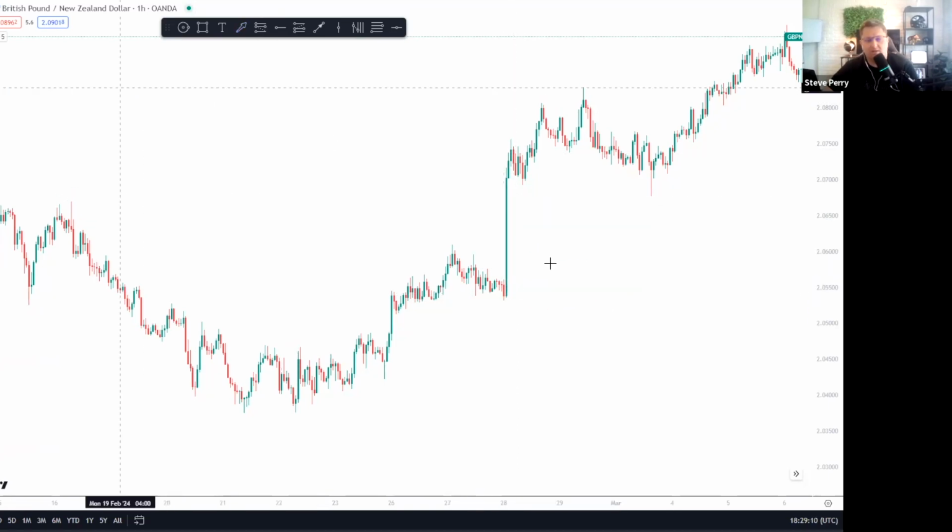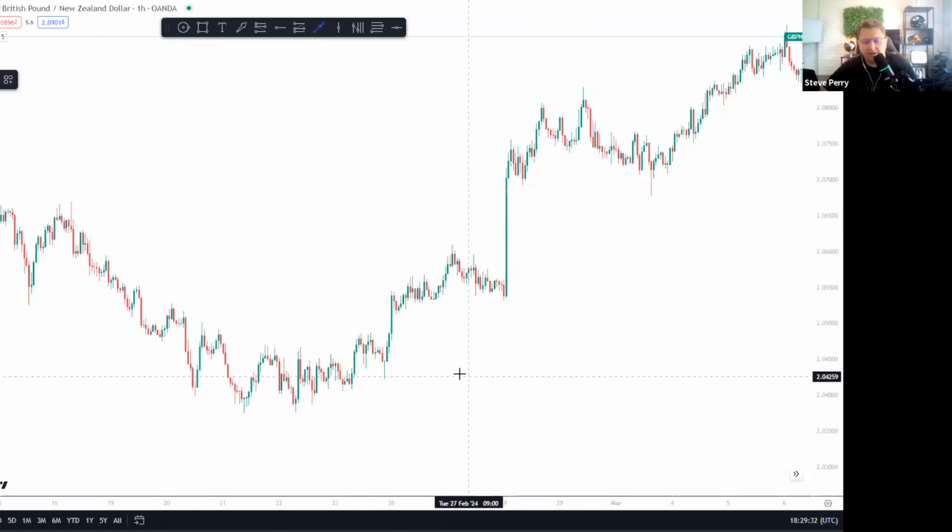There's really no chance for a seller to get into this market, because during the candle itself, why is it very hard for somebody who's a seller to get in on that candle? Because the candle occurred so quickly that it's hard for sellers to actually get in. Does that mean there aren't sellers?